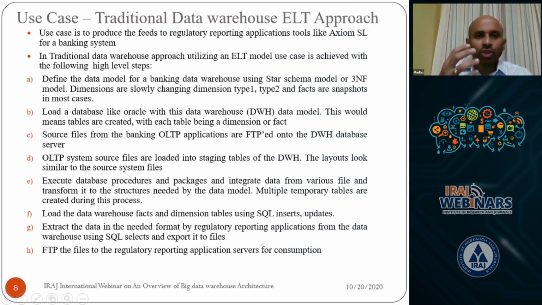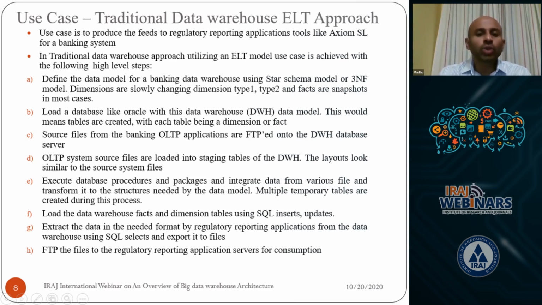First, to get to this particular use case, you model the whole banking data warehouse, potentially in a star schema format or the third normal form. Then you take a database and load that particular data model into that database. What do you mean by loading? You create the tables, which are nothing but the facts and the dimensions. Then, as I was pointing out in the previous slide, the source files from the OLTP system are FTP'd onto the database server.